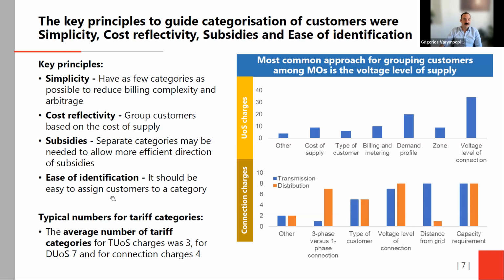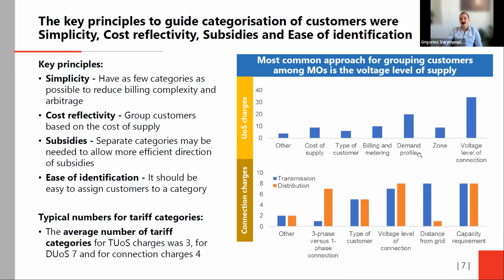Typically, the number of tariff categories that we saw in the sample for use of system charges, for transmission use of system charges, most countries had 3 on average. For distribution use of system charges, the average number was 7. And for connection charges, the average number of categories was 4.